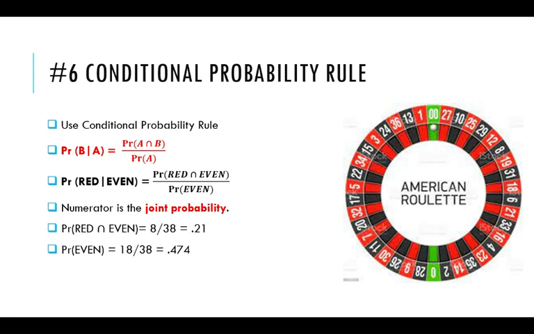And the probability of the given part that it's even, well, there are 18 out of 38 even outcomes, which is a probability of 0.474.